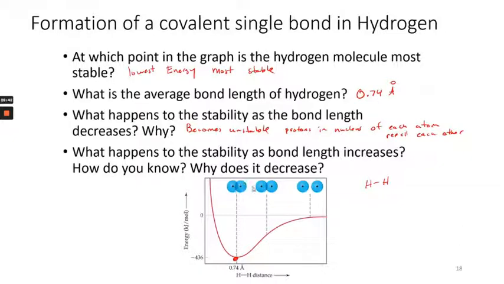And the electrons are going to repel each other too. What happens to the stability of the bond as the length increases? It becomes unstable. How do you know this? Because from the energy graph, you see the energy is increasing.